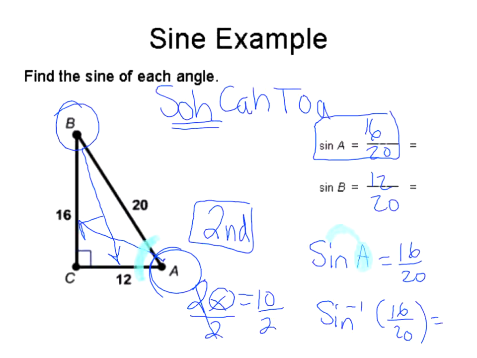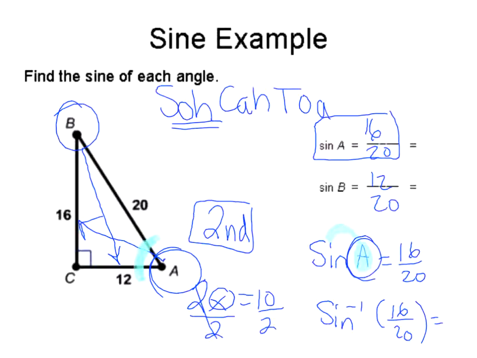So what I need you to do is hit your second button, hit sine. See how once you hit your second button, you get sine to the -1? Are we nodding at me? Okay. And then in parentheses, do 16 divided by 20, equals. And let's see what you get. So we're looking for sine to the -1, because that means the inverse of sine.